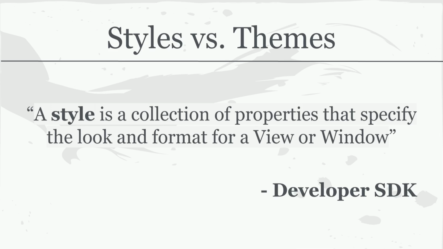So styles are something you want to use when you want a particular set of attributes to be set up in a certain way on a view, and you want to also repeat those attributes in different places throughout your application, but you don't want to code the same attribute values over and over again. So for example, if you want your text to be a shade of green on your login screen, you would implement a style that would do that, and then you could have that same shade of green cascade through your application if you'd like.